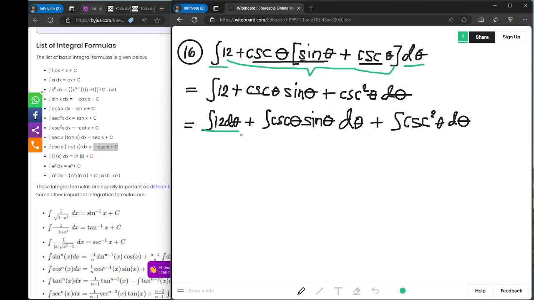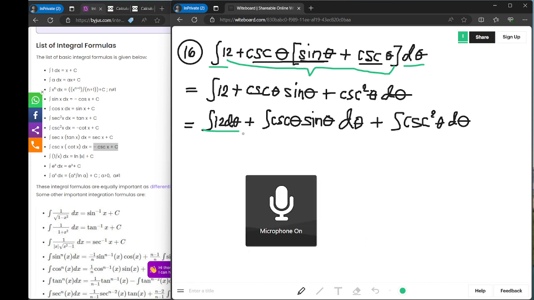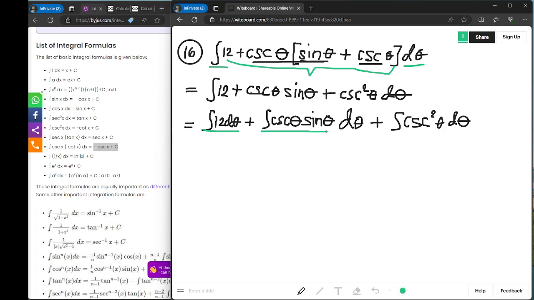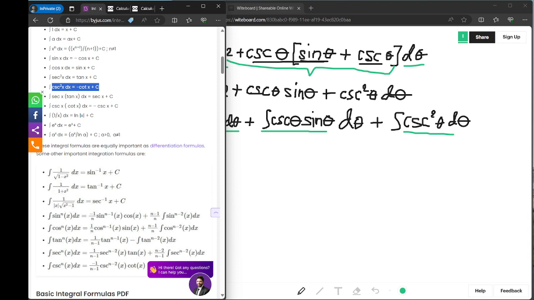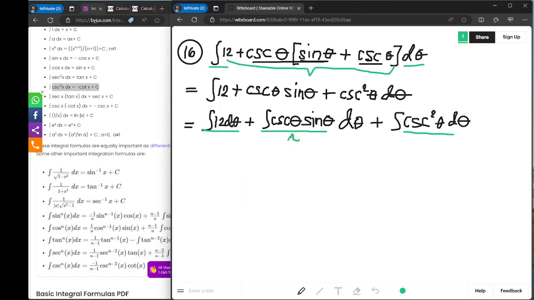For 12 d theta, we can actually integrate this. For the middle term, we don't have any formula given. So there might be some properties that we can use, but let's check later. Then we have the integral of cosecant squared theta d theta. But let's focus first on the middle term.